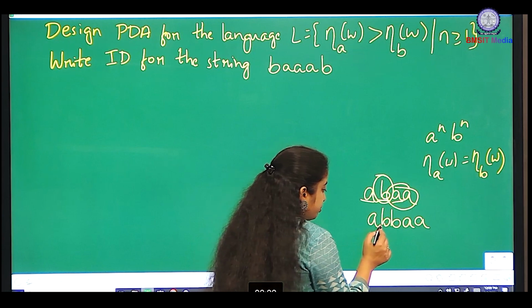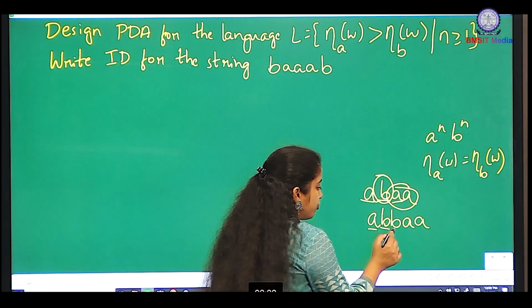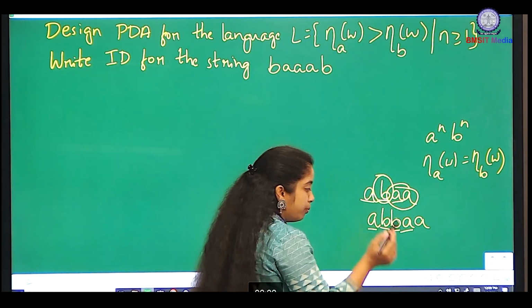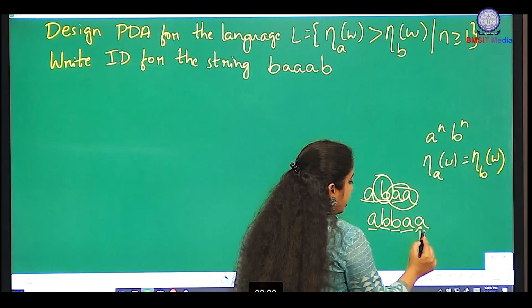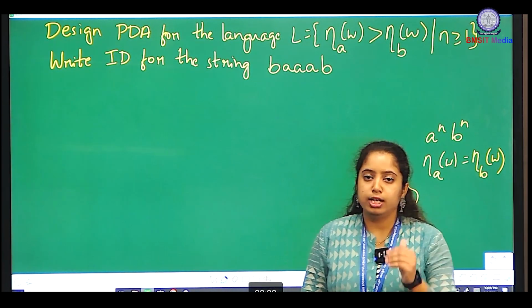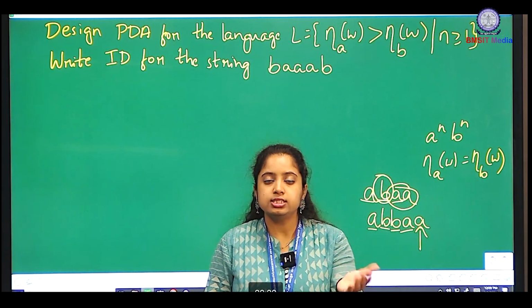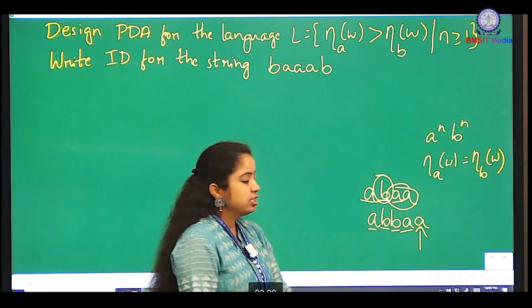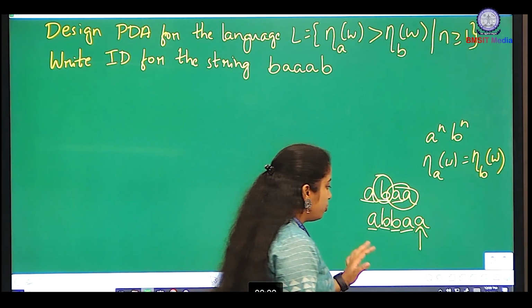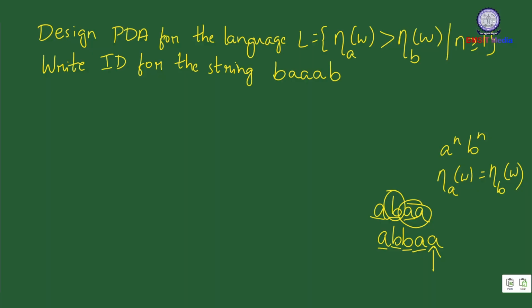You can see in this example, for this B this A is there, for this B this A is there. Apart from this, there is one more extra A, meaning the number of A in the string is more. We will see this example and how it works.